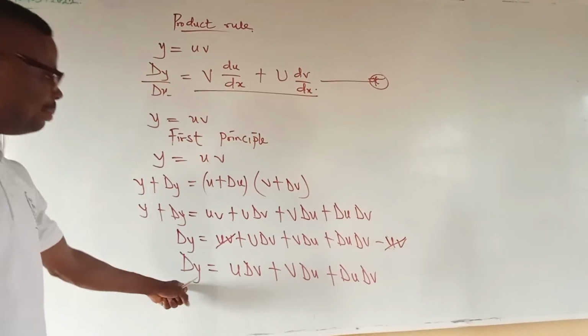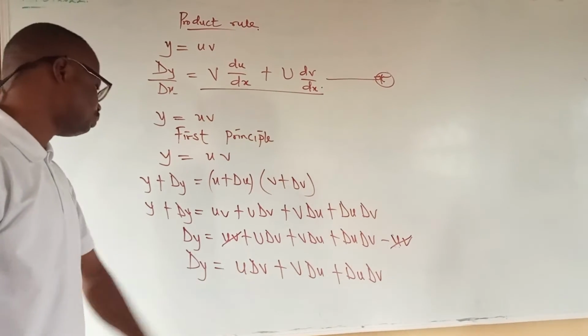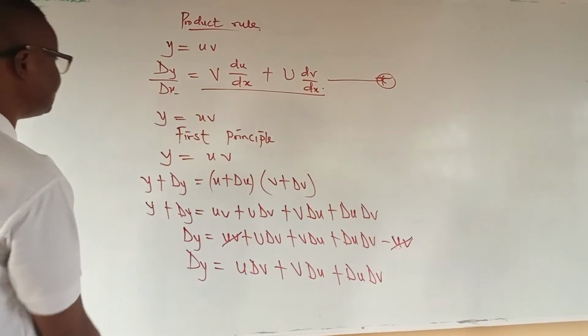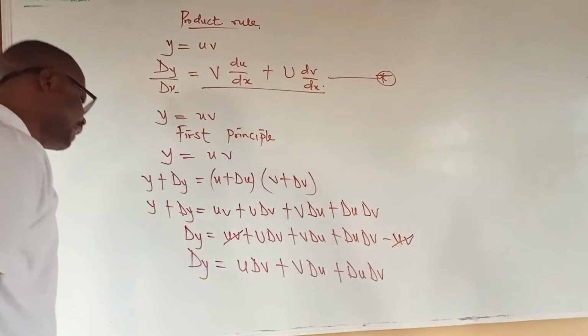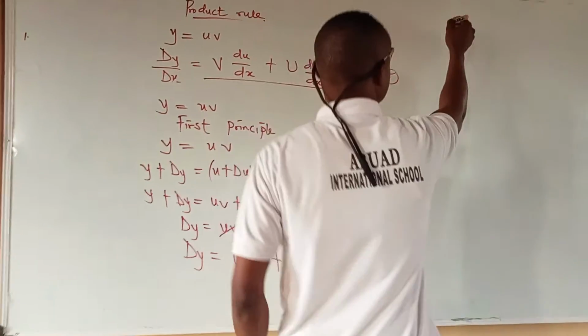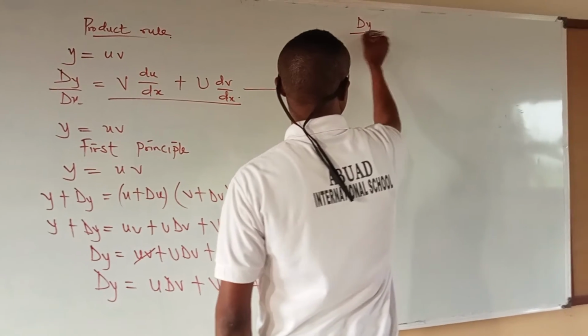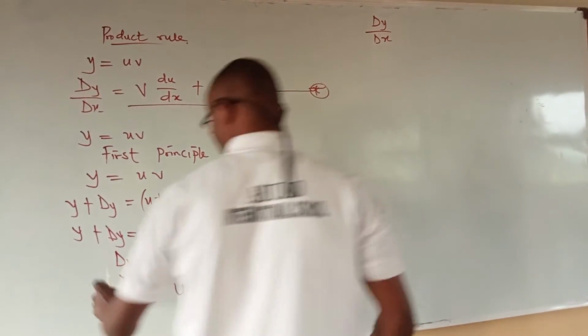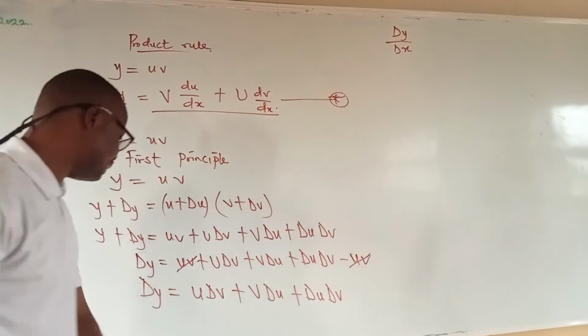Now, remember we are interested in finding the derivative with respect to x here. So what do we do? We have dy over dx, that is, we divide all through by dx.